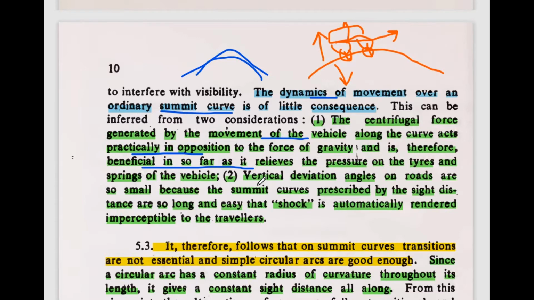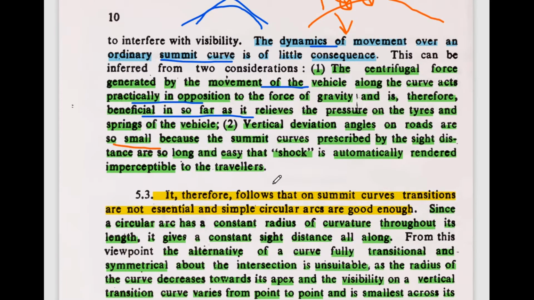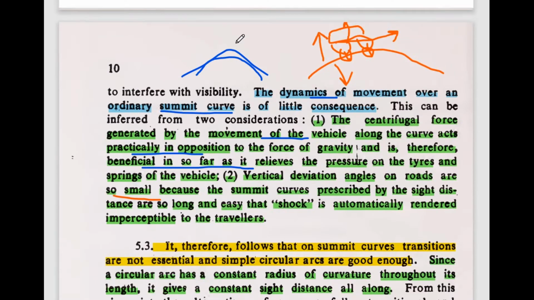And secondly they have mentioned: vertical deviation angles on the roads are so small, because the summit curves prescribed by the sight distance are so long and easy that the shock is automatically rendered imperceptible to the travelers. So what this point says is that the angle of deviation, here you can see this is called the angle of deviation.